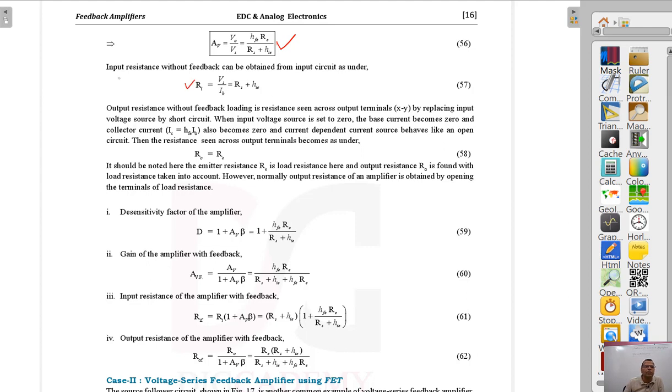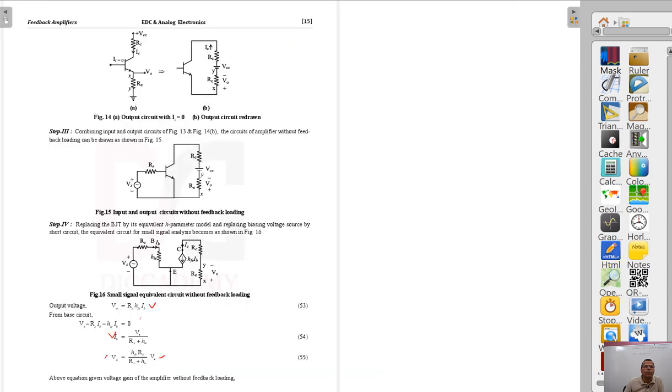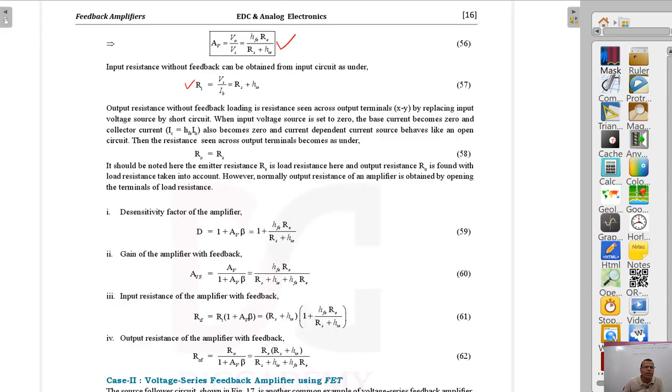If you see the input loop from the input side, what is the resistance seen from this side? That is Rs plus this resistance only. So on the input side, the resistance without feedback loading is nothing but Rs plus HIE, that is the input resistance without feedback loading. Fine.